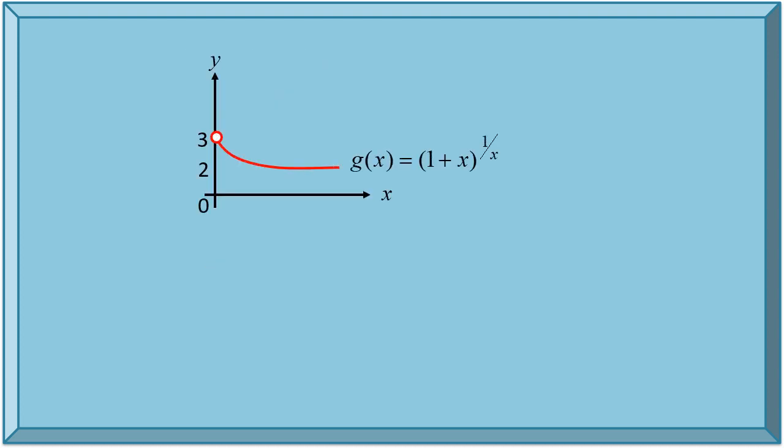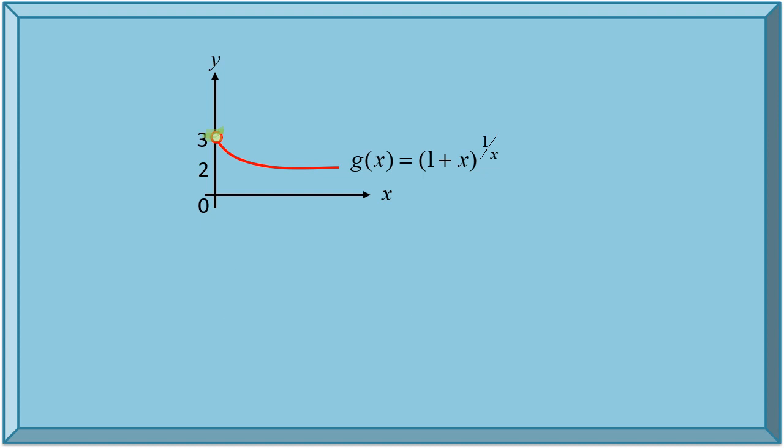So let's say this graph, we have the function g(x) equal to (1 plus x) to the power of 1 over x. This is what the graph looks like on the x and y axis. You see that the graph starts from 0, where 0 is not included, so we have an empty dot here.